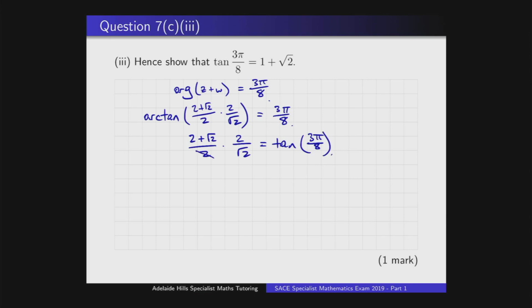If we cancel out these 2s and write this as 2 over root 2 plus root 2 over root 2, which is 1, we get tan of 3 pi over 8. Rearranging things slightly, we can say, therefore, tan 3 pi over 8 equals 1 plus root 2, because 2 over root 2 is just equal to root 2. And that finishes what we need to do for question 7.